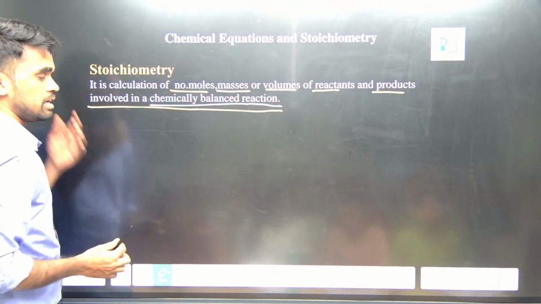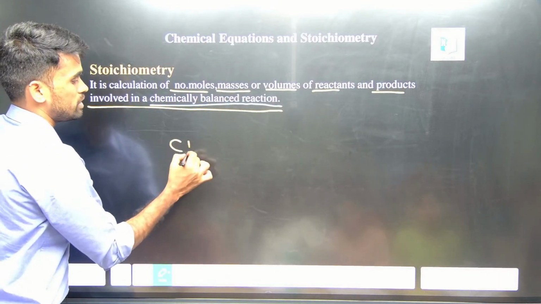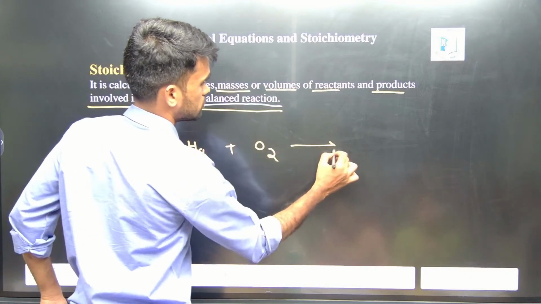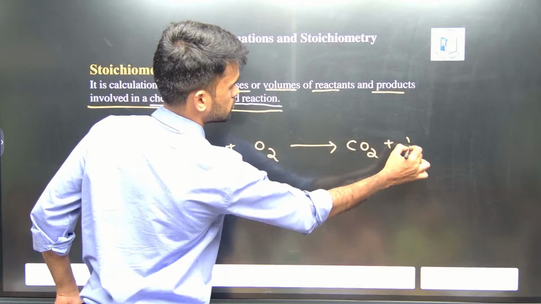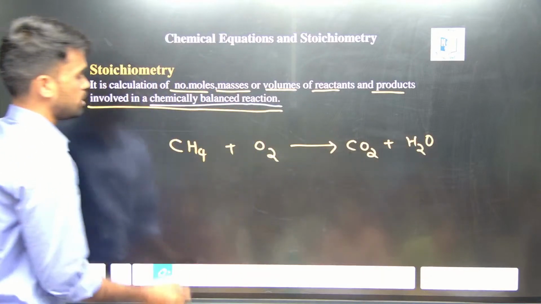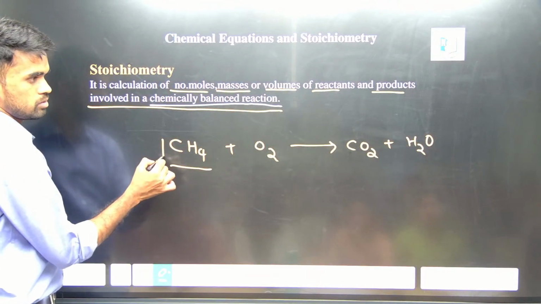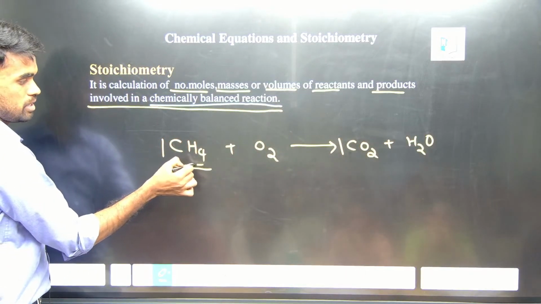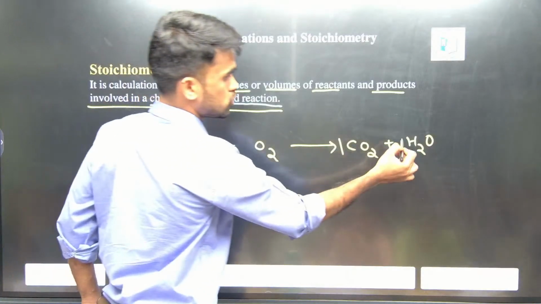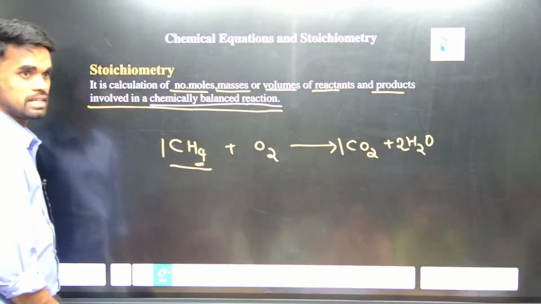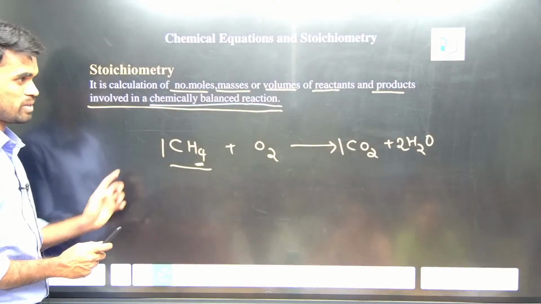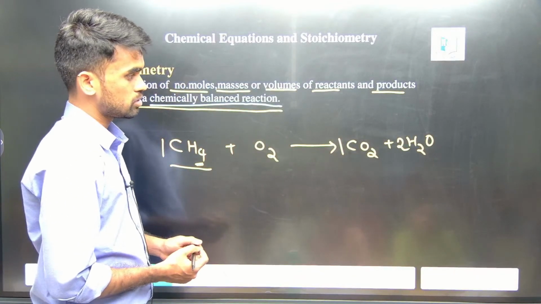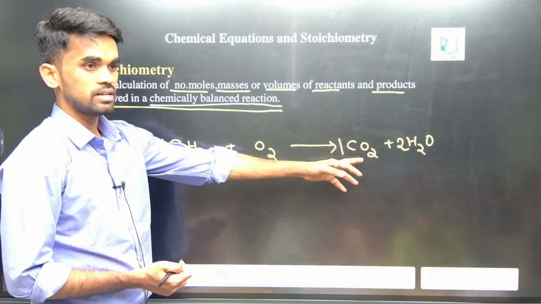Next, let us take one or two examples. Let's go with a simple example, methane combustion. How many moles of carbon? Here also 1. Hydrogens, 4. So it should be balanced like that. We already did the same example, that's why I am doing it directly. Oxygens, how many are there this side?